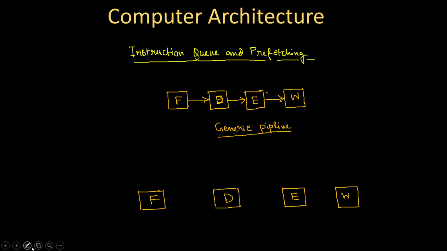We will add a new hardware, which is a queue, and it will be connected in this way. Instead of a direct connection between fetch and decode stage, I will do it via this queue, and other connections remain the same.